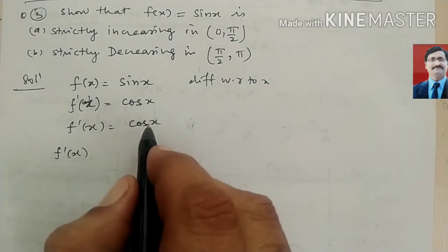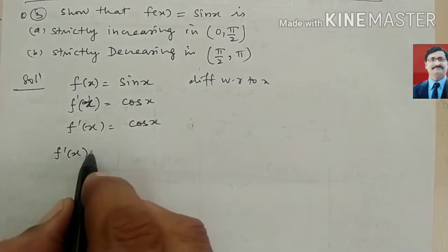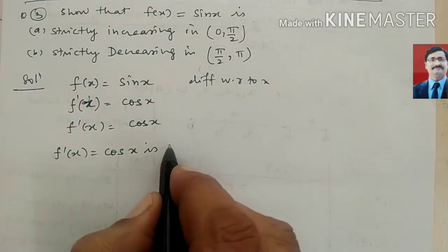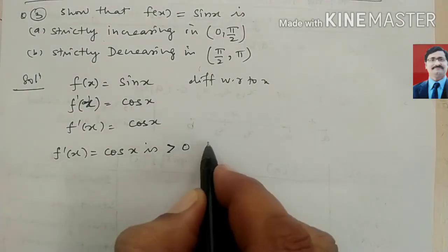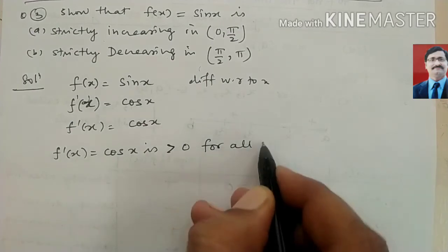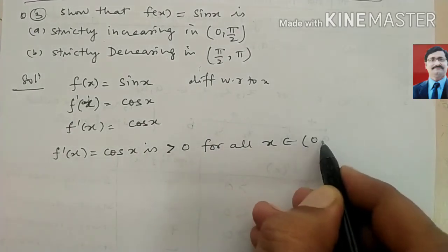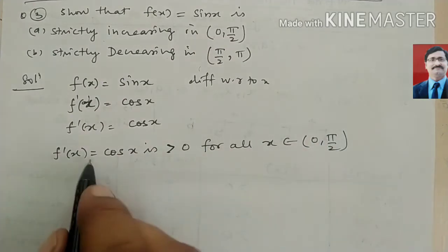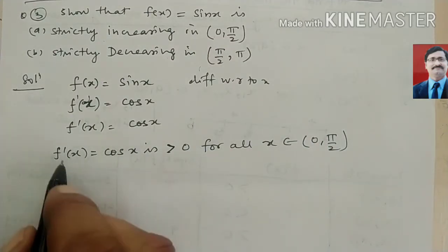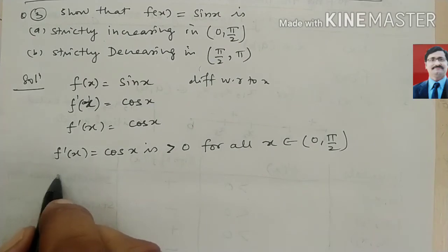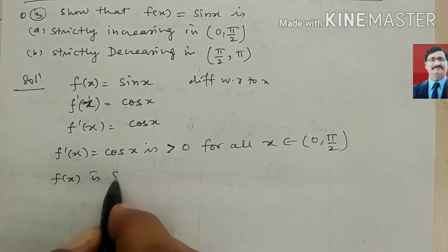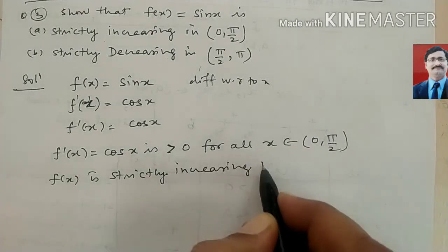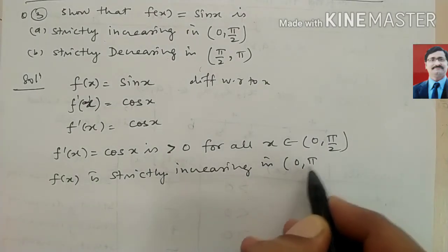In the first quadrant cos x is positive, so you can write f dash x equal to cos x is greater than 0 for all x belongs to (0, pi by 2). If you take x from 0 to pi by 2, which means first quadrant, this cos x is positive, so you can write here that f(x) is strictly increasing in 0 to pi by 2.